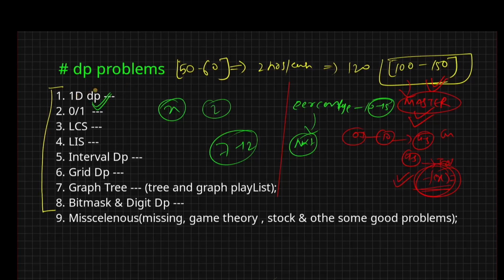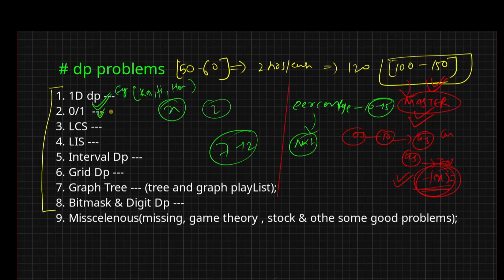Look, 1D DP, this is easy. We are going to cover Kadane's algorithm, Fibonacci, house robbery. Then 0/1 knapsack. This is a very popular one because you will find many problems with it. Initially you will feel it is hard, but over time you will get used to it.